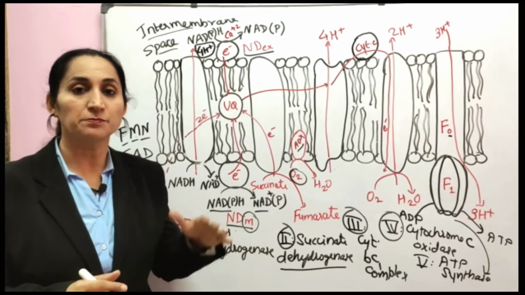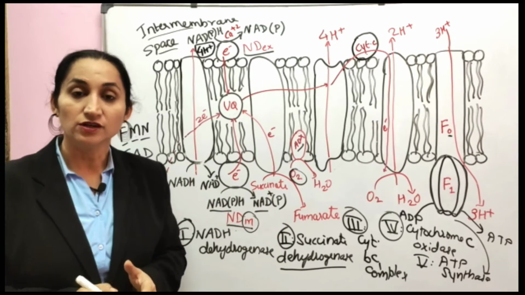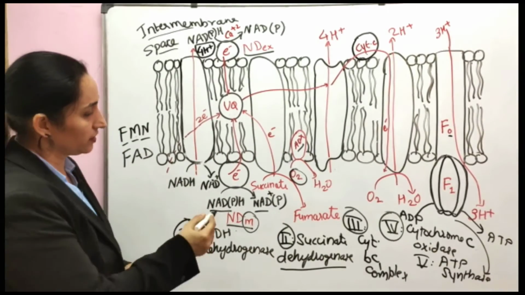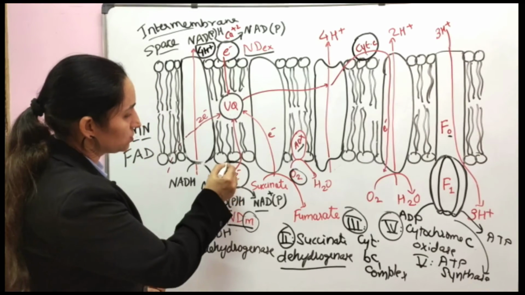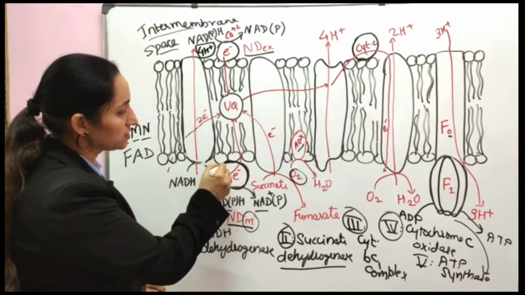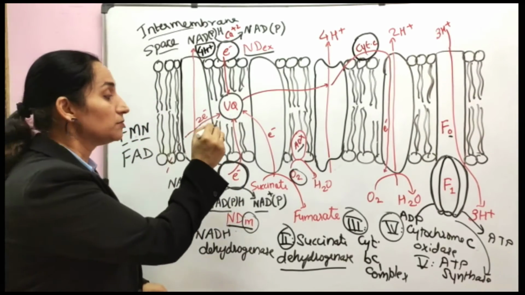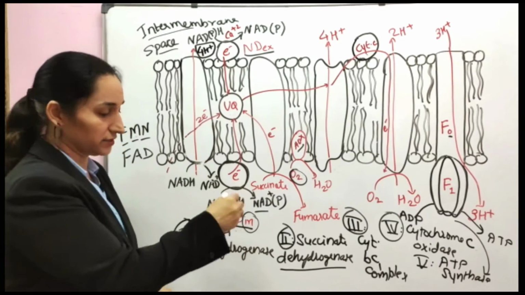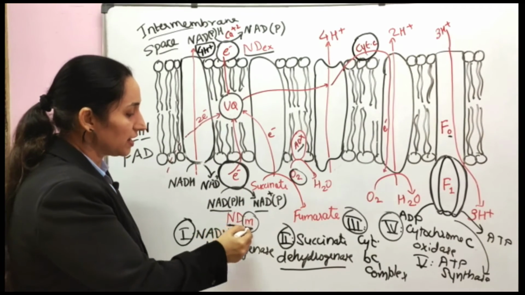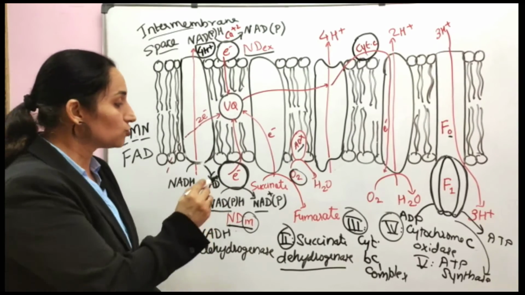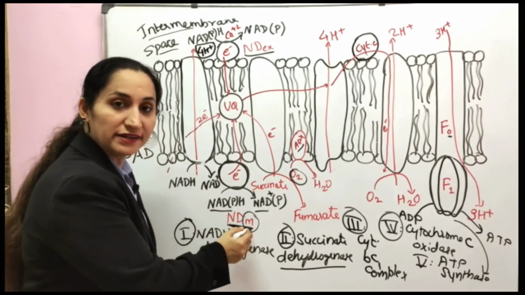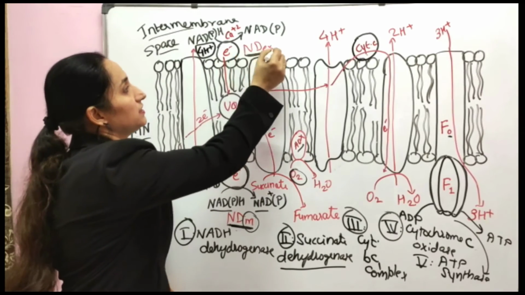So in that case, the plant mitochondria have rotenone insensitive dehydrogenases, NDIN, which is attached to the inner mitochondrial membrane on the matrix side, and NDEX.